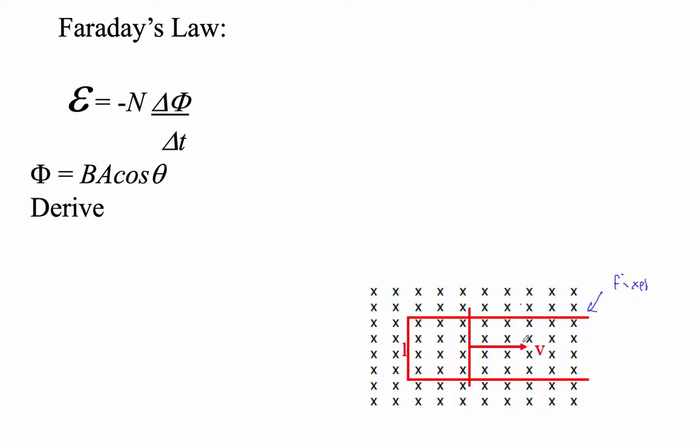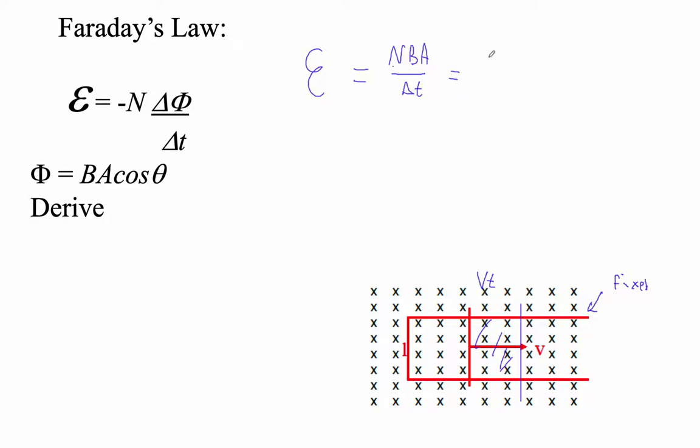So this is going to move some distance, and sometime later it'll have moved a distance of velocity times time, right? And that new area is going to be velocity times time times L. So EMF is going to be NBA over the time it takes.